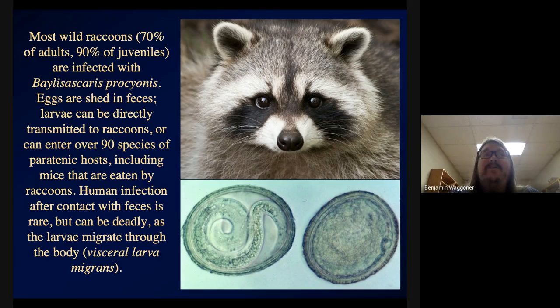So the larvae can infect mice, and then the mice get eaten by raccoons. And as I've mentioned before, humans can get infected by this if you come into contact with raccoon feces. This is a problem because raccoons like to defecate in the same spot.